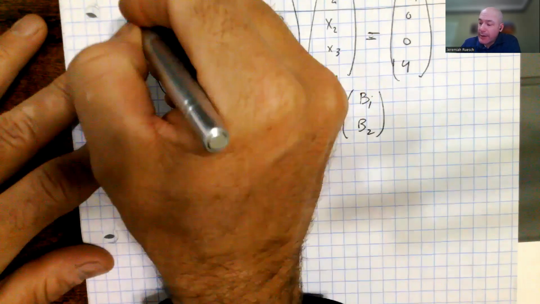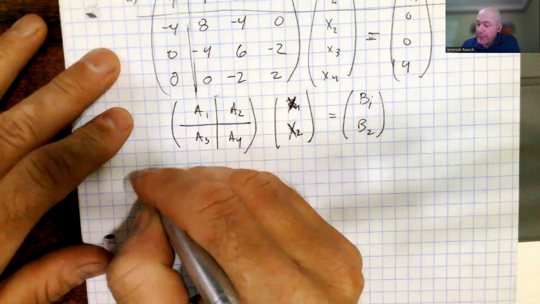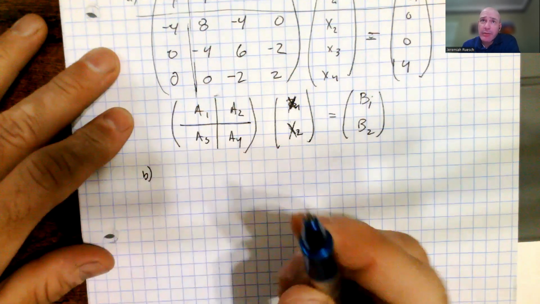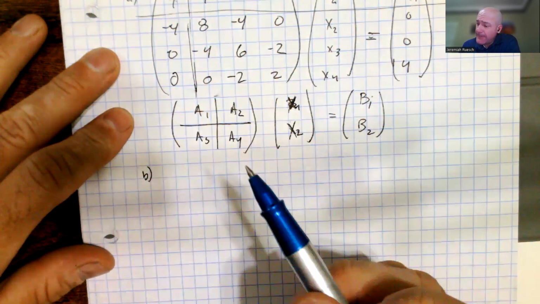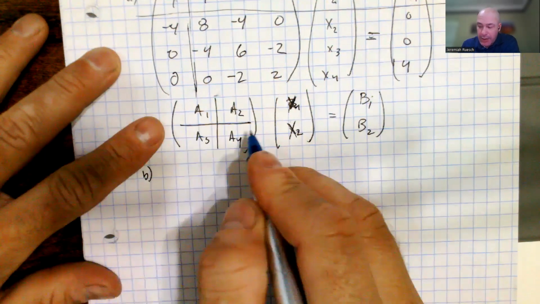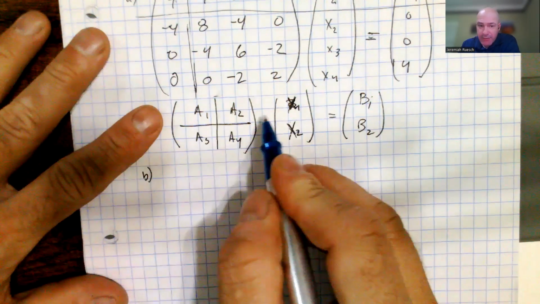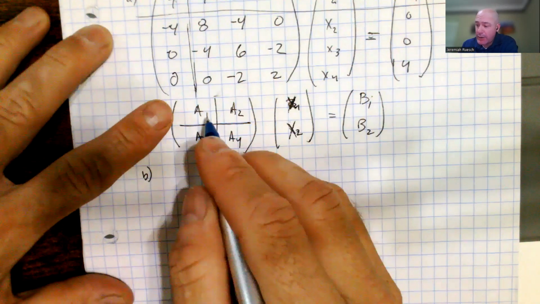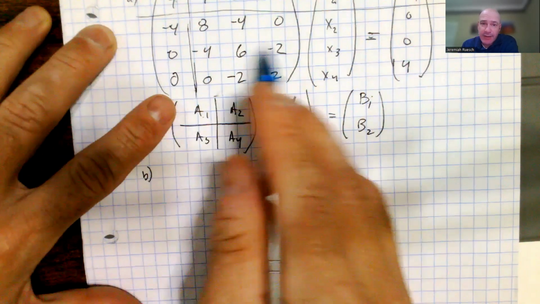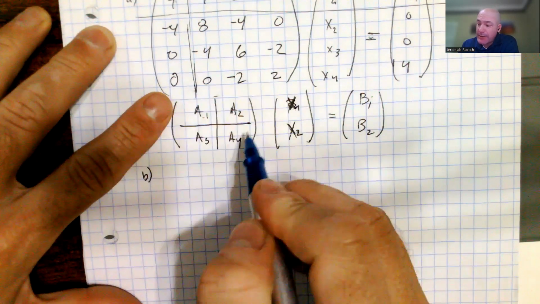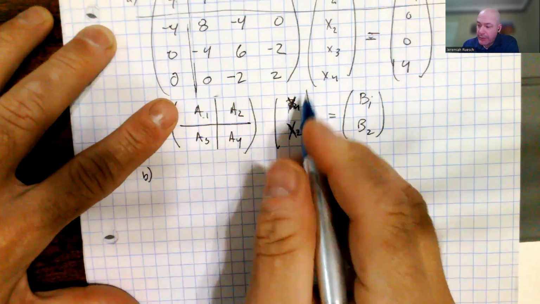The second part, so this is part A of the problem. Part B asks us to carry out the resulting multiplication of the submatrices. Okay, so that's really saying write this as a linear combination of the submatrices. So I've chosen my submatrices to multiply with the corresponding pieces.